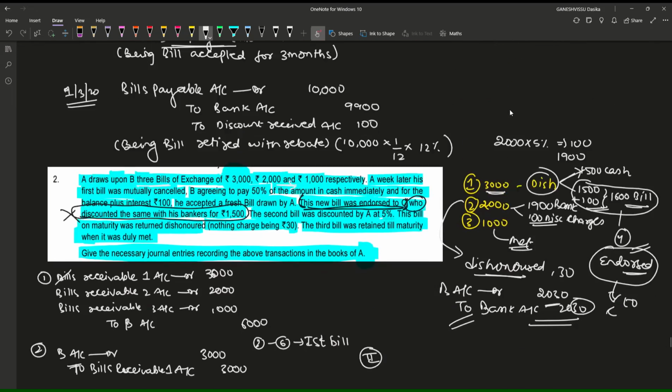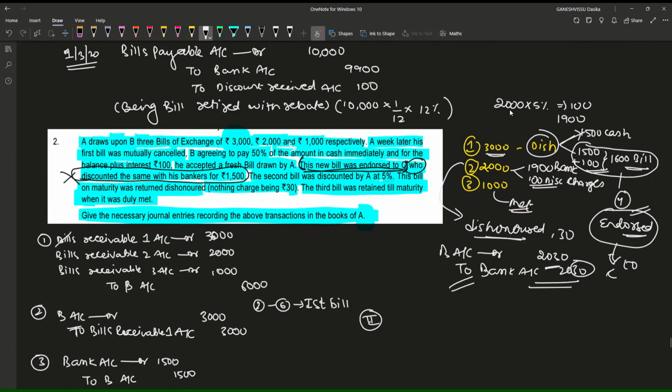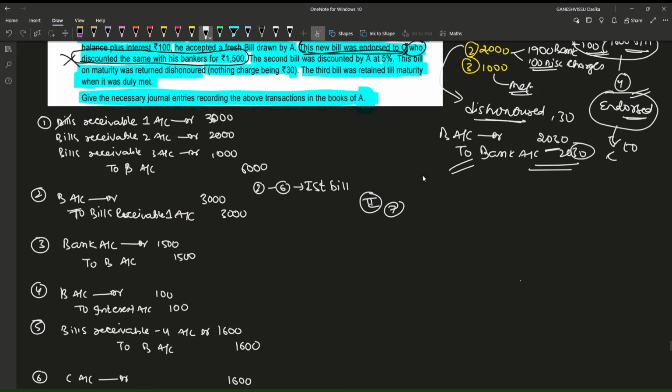The second bill has immediately been discounted with the bank. Now let us continue with the seventh entry. Bank account debtor, discounting charges account debtor to bills receivable account. Up to now you should know how to write these entries.